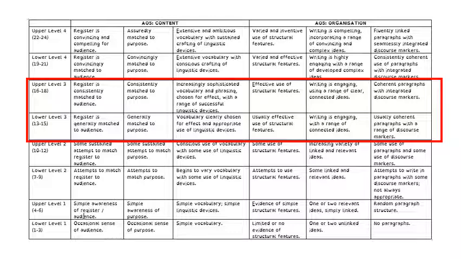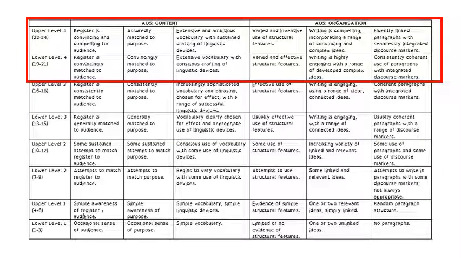You can see the word consistent appears quite often in that row. Clear and consistent for level 3, up to convincing, compelling, or even sophisticated for level 4. If you wanted to make that really straightforward, you might just say level 1 is meh, level 2 is okay, level 3 is good, and level 4 is very good. Alright?